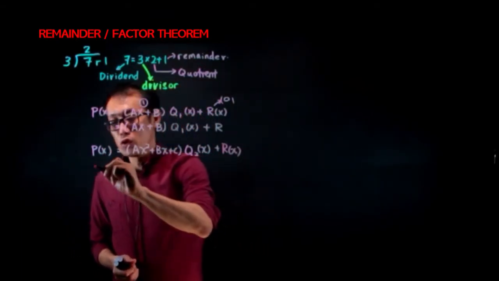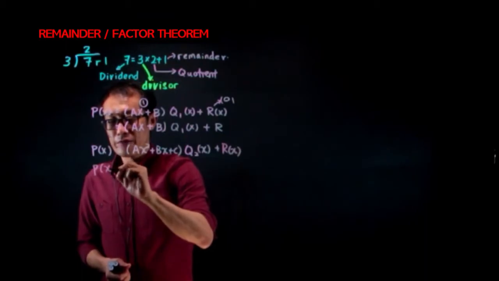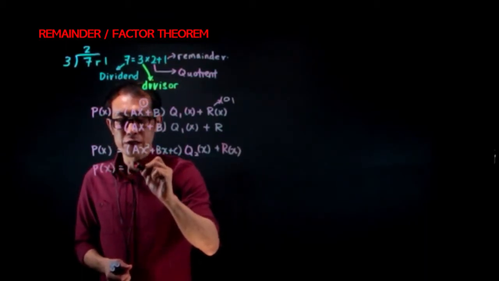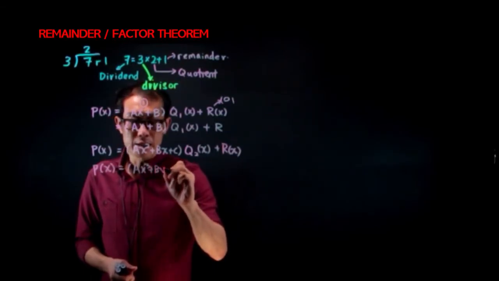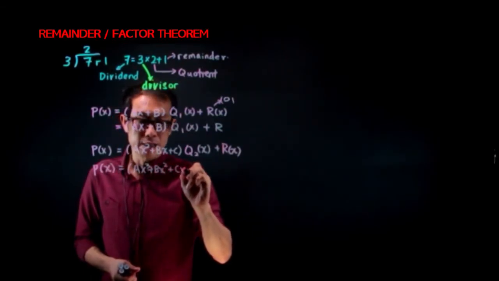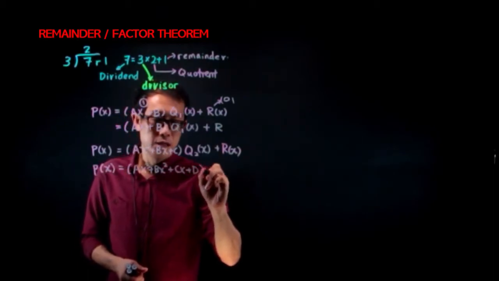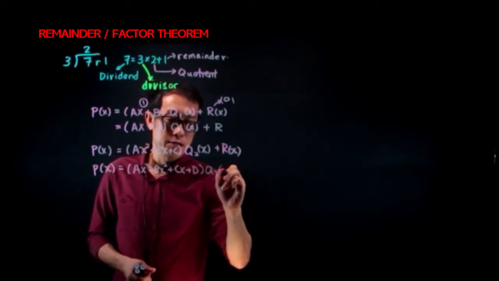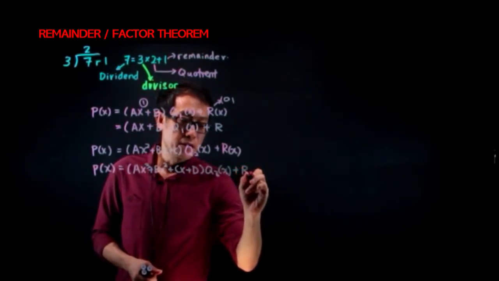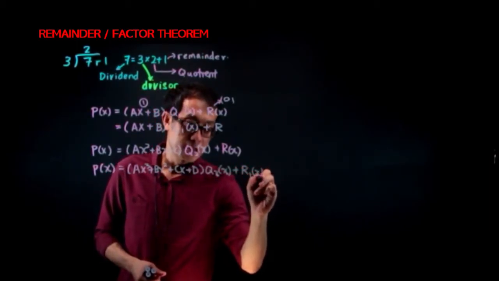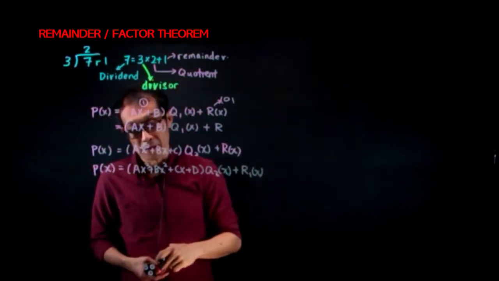Now, show you one more. If I divide by degree 3, ax cubed plus bx squared plus cx plus d into q3x, then this one will be, maybe it will be r1x. All right, this is not the same.